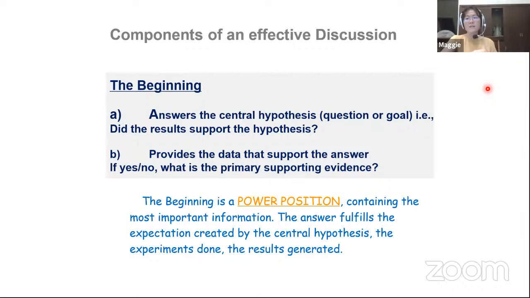If yes, what is the primary supporting evidence? If no, what is the primary unsupporting evidence? The beginning is a powerful position containing the most important information. So try to use one paragraph to answer whether the results supported the hypothesis or not.